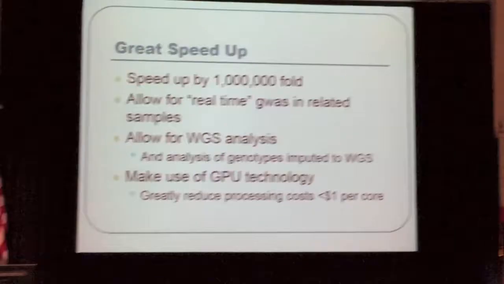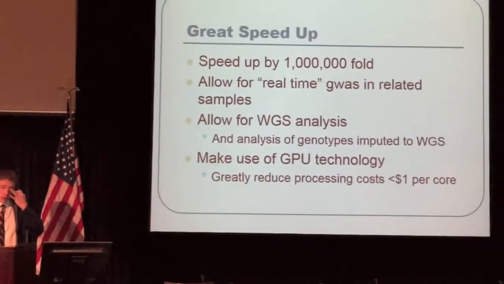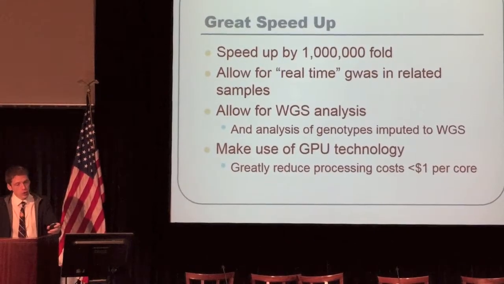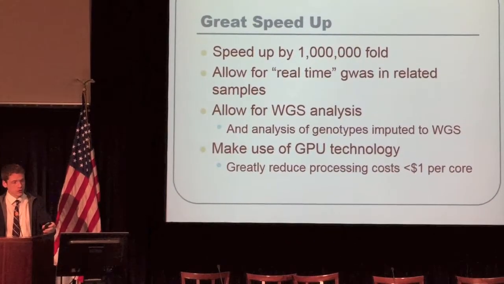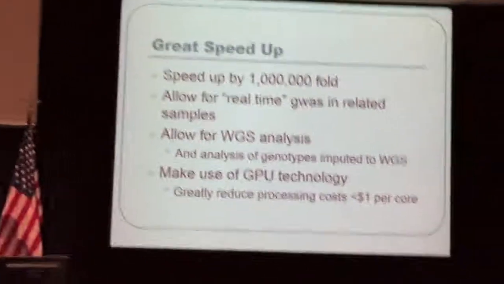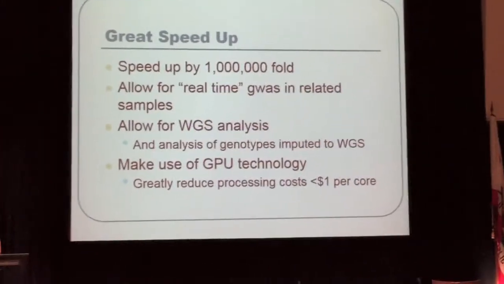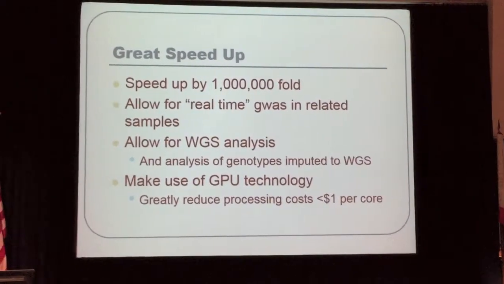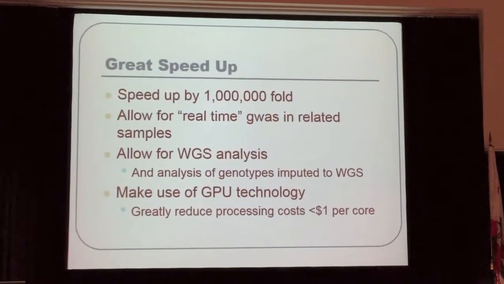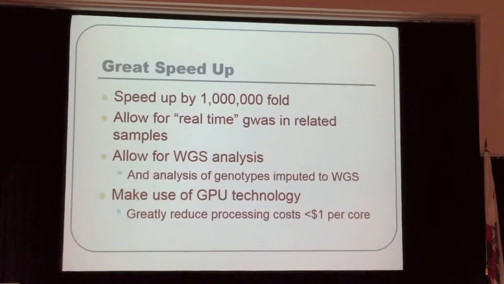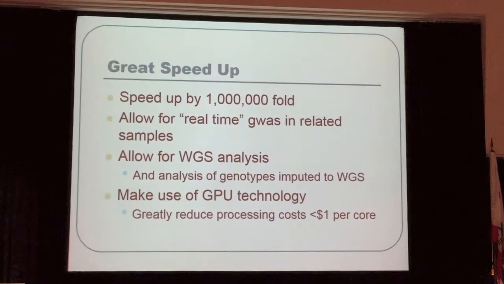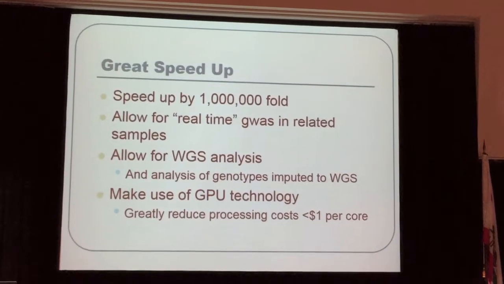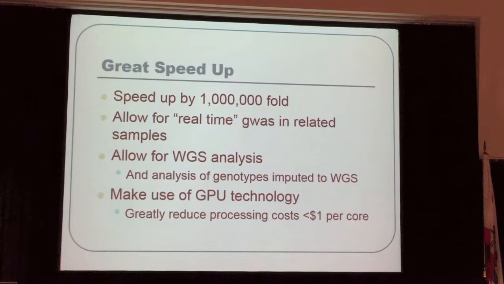Right now our emphasis in development is a great speed up, so to speak, in preparation for whole genome analysis. The idea is to speed up the processing by 1,000,000-fold. I know it's a tall order, but this is necessary to allow for real-time GWAS analysis for the Solar Eclipse web version in projects like the Human Connectome Project, and to allow for whole genome sequence analysis.